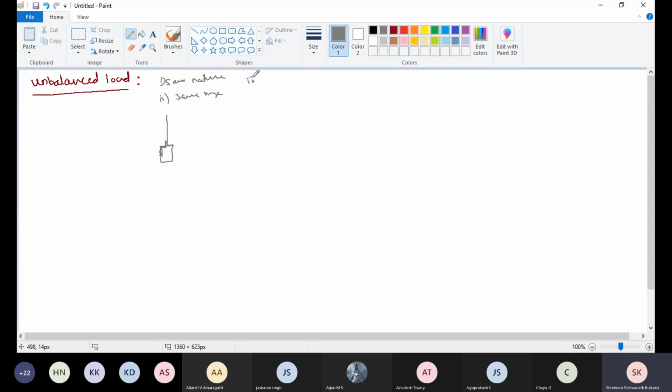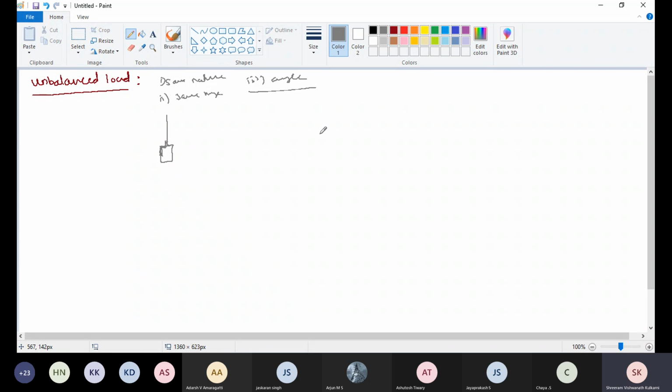Third point is angle. If any one of these is affected, we are going to call that an unbalanced load. Or the current will be different in all the three phases.